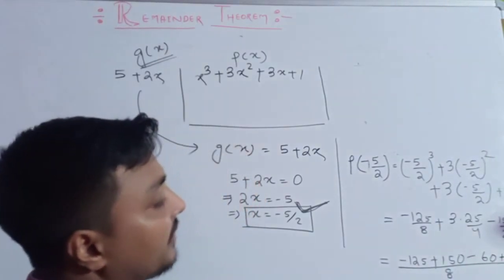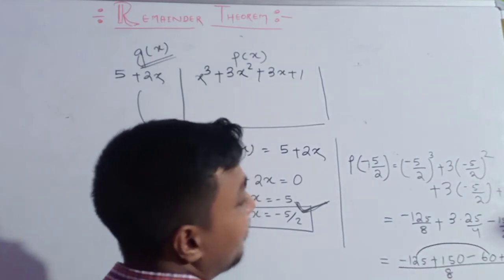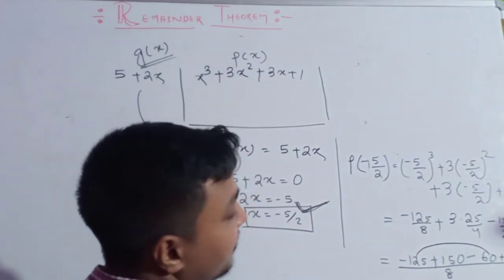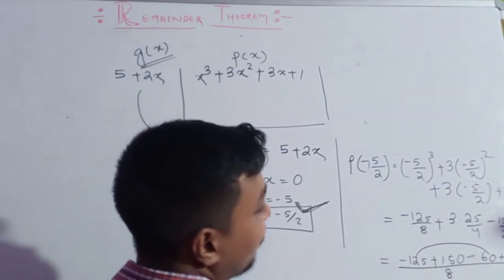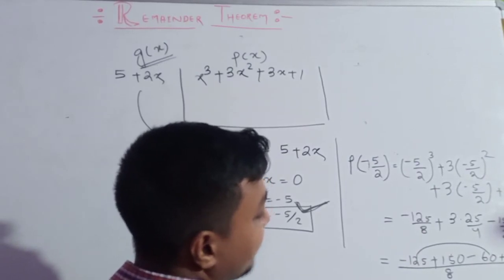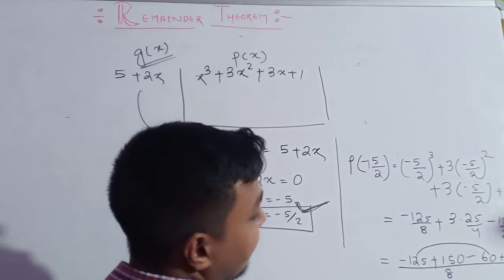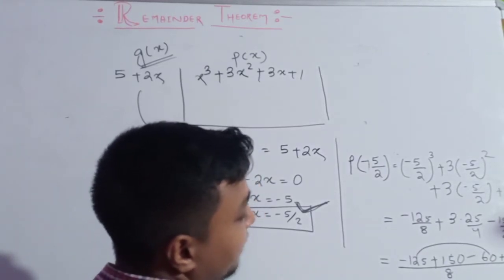Finally you will obtain the value: minus 125 plus 150 minus 60 plus 8, equal to minus 27 divided by 8.